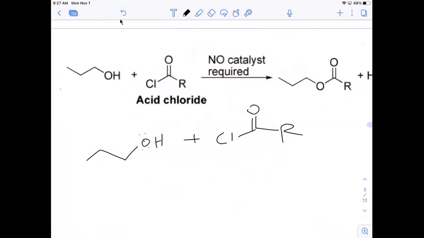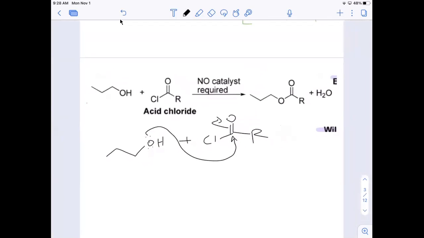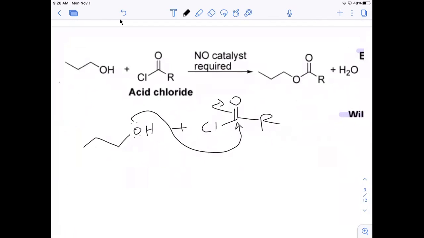I'm going to attack the carbonyl, just like I did in the previous reaction, right? I'm going to attack here. I'm going to break that C=O pi bond. The addition step in all of these reactions is the same, right?